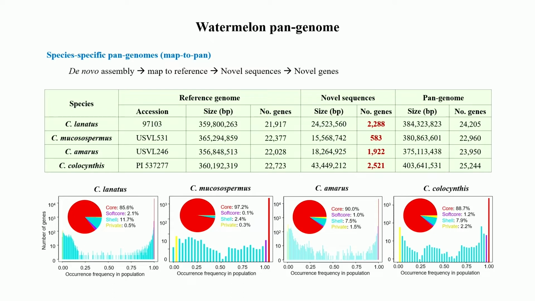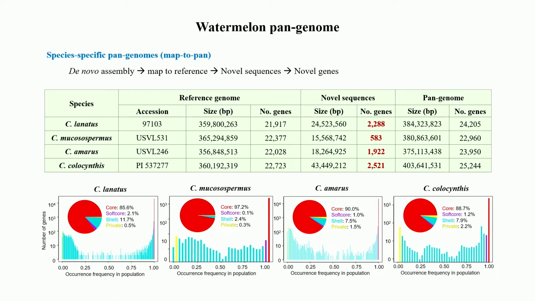We got about 2,200 novel genes for cultivated watermelon and the codofan watermelon, this Lanatus species. We got 583 for Mycosopomos, close to 2,000 for Amarus, and 2,500 for Colocynthis. So these are novel sequences and provide a lot of information.